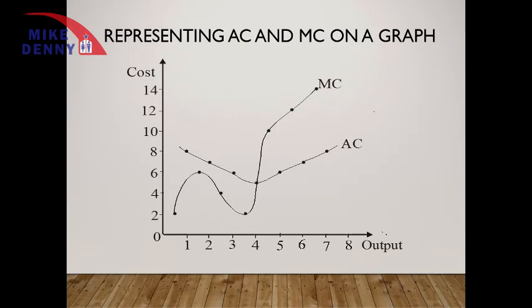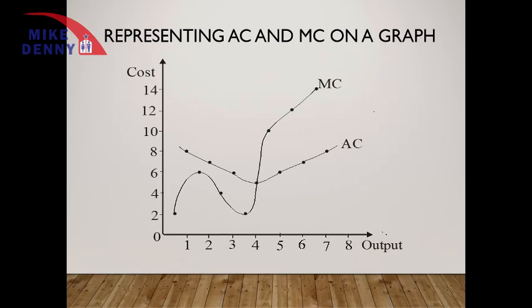Produce the fifth unit, you move from 4 to 5. The marginal cost is 10. That's it. When you increase output from 5 to 6, the marginal cost, which is plotted at the midpoint, is 12. And finally, when output is increased from 6 to 7, the marginal cost is 14.